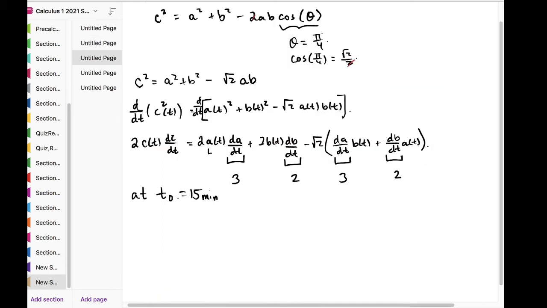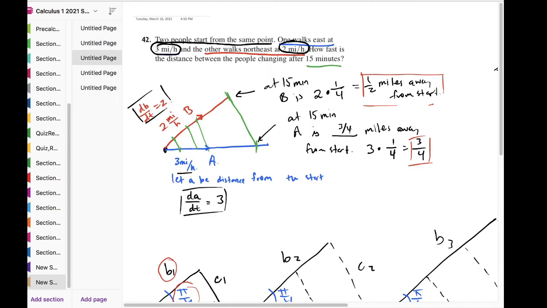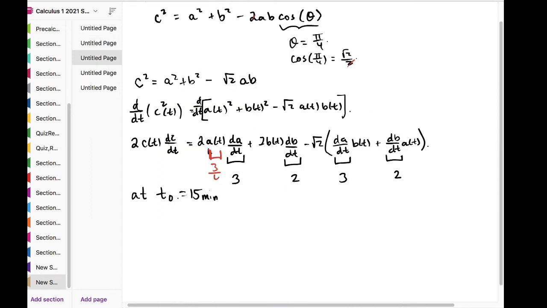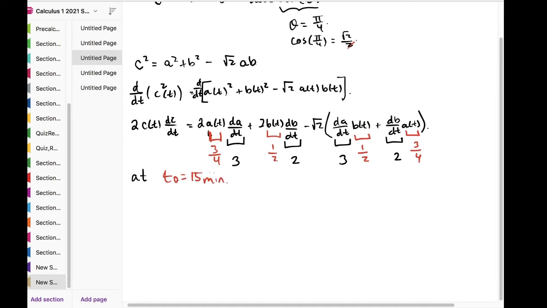So this is 3/4, 1/2, 1/2, 3/4. Okay, so I'll change this color. t naught is equal to 15 minutes. Okay, so why don't we just fill that in?